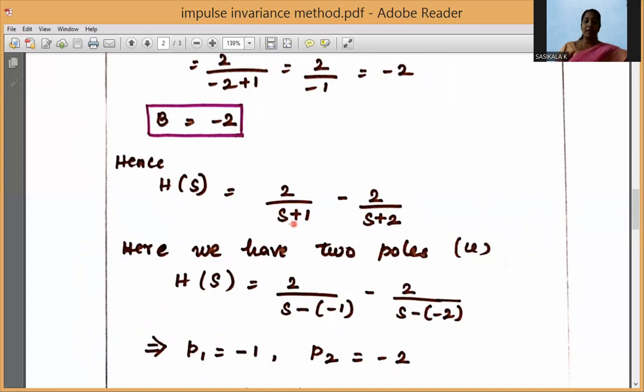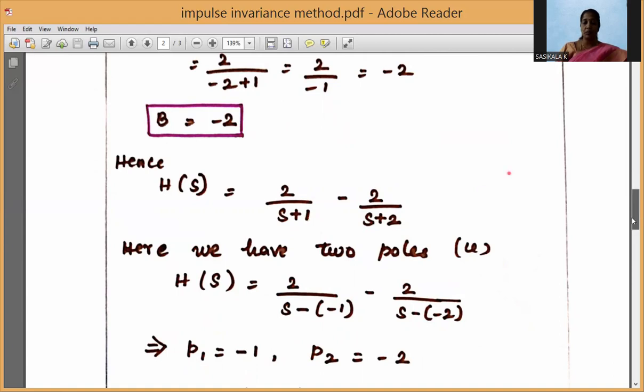This term can be written as s minus of (-1), and similarly s+2 can be written as s minus of (-2). So here I'm having two poles. One pole is -1 and another pole is -2. So P1 stands for pole 1, which is -1, and P2 stands for pole 2, which is -2.